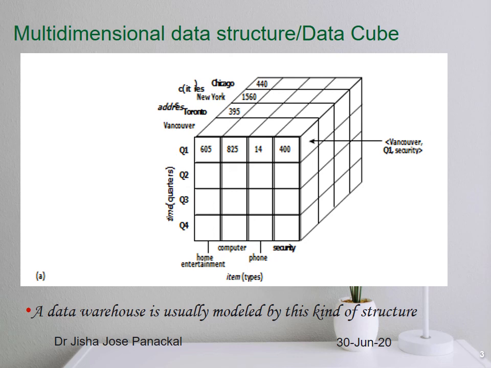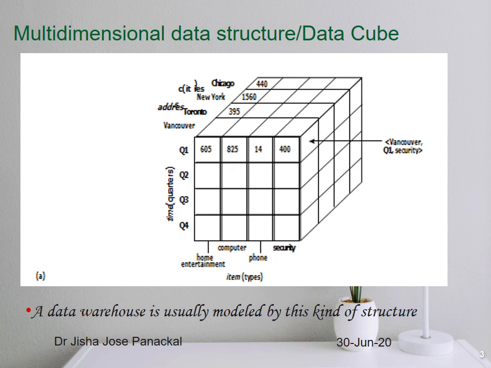Here, for example, we have 3 dimensions. On the lower side, you can see the item dimension, and on the left side, you can see 2 dimensions. One side represents time, in quarters, and the other side represents address, or in brackets, cities.